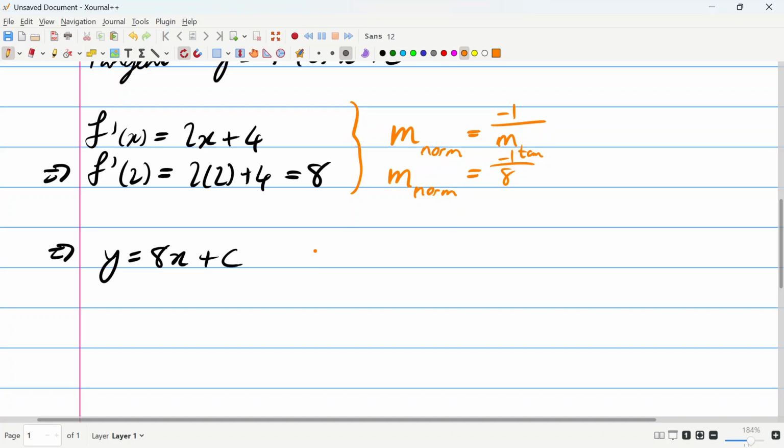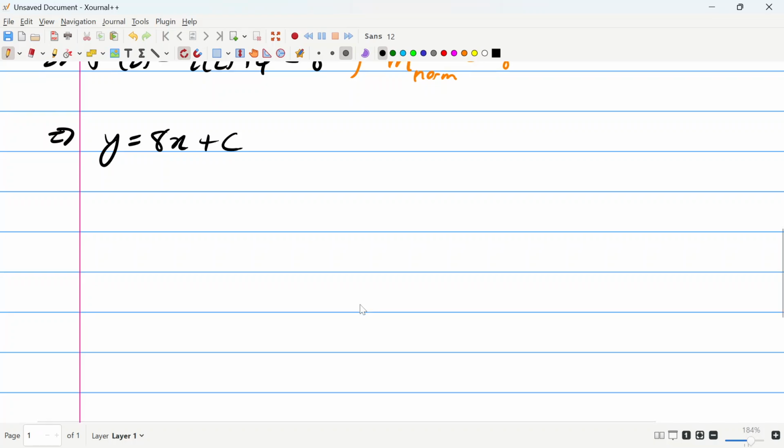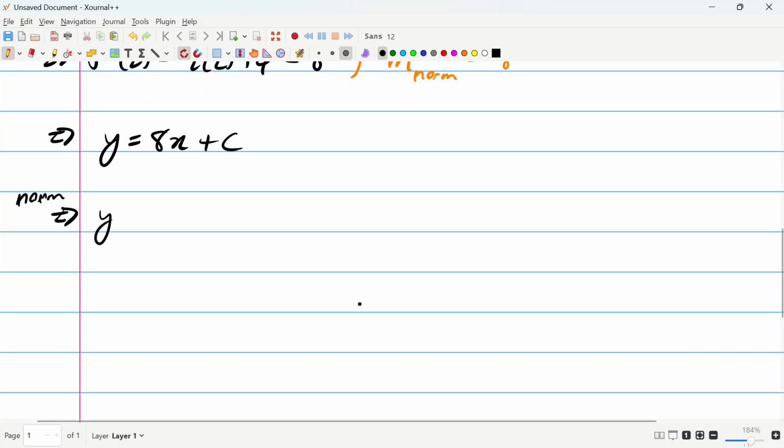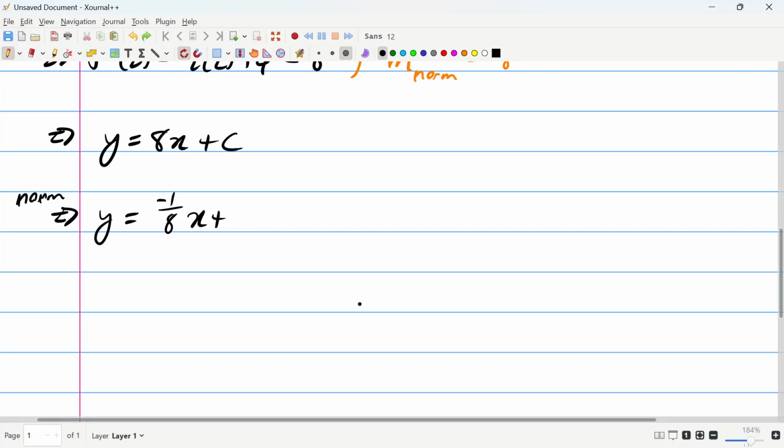So negative 1 over 8. So therefore, this implies to us that for the normal, so far what we have is y is equal to negative 1 over 8 x plus c. Okay, and now all we need to do is just solve for c.